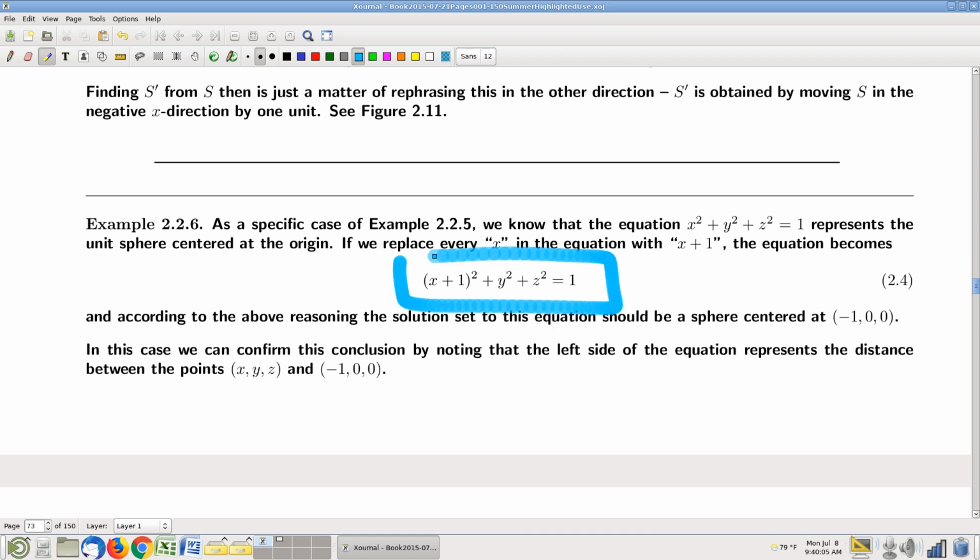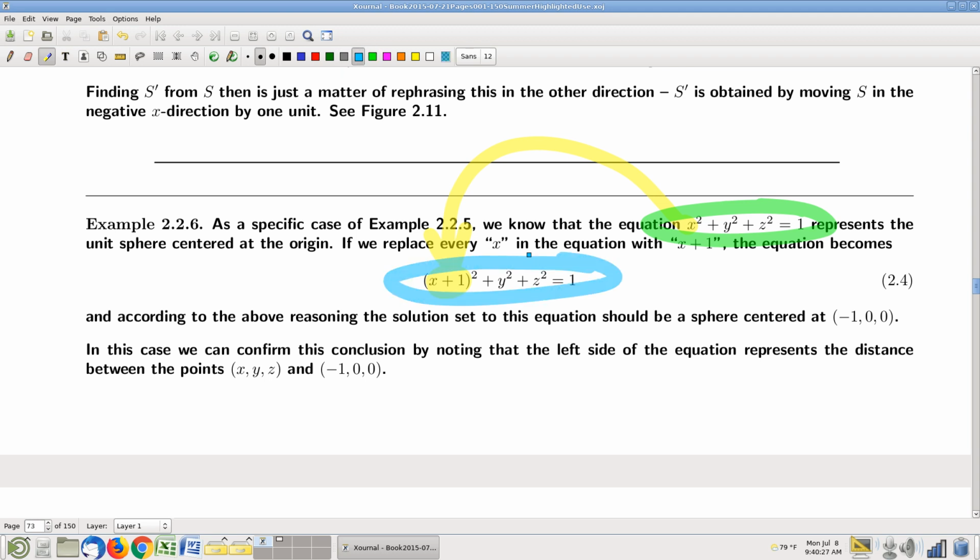This brand new equation is not the same as the previous one, but it's exactly what you get if you take the original equation and replace the x with an x plus 1. So that algebraic process turns that equation into that equation.